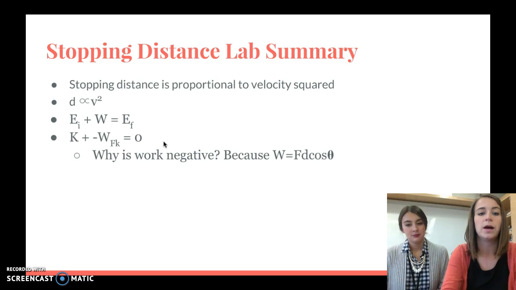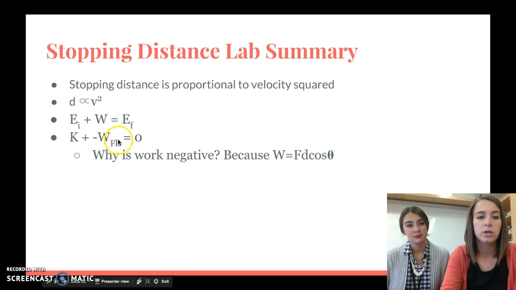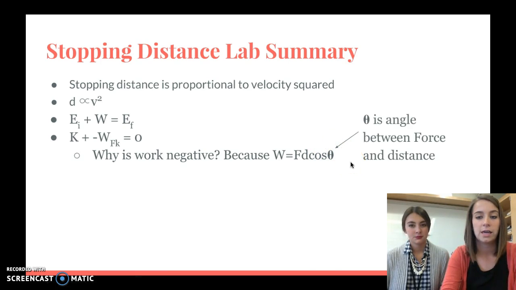Before we do that, we want to know why is work negative. How do we know for certain using math that that's negative? Well, on Wednesday we found the equation work is equal to force times distance times the cosine of theta. That theta is the angle between the force and the distance. It's not necessarily the force's angle, but it's between force and distance. So we have our Jenga block sliding to the right in this case.